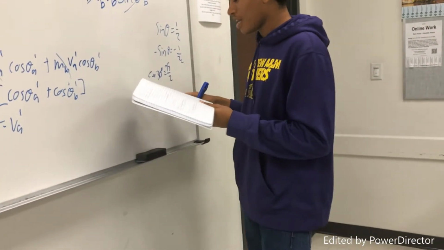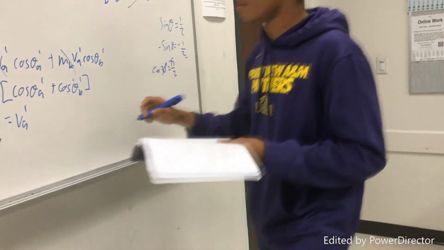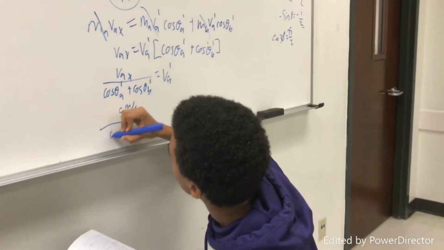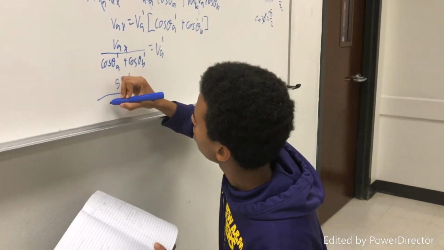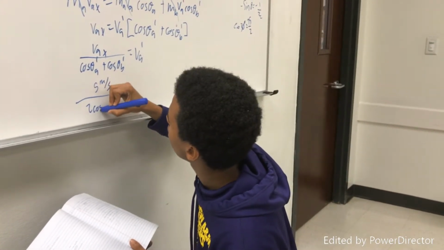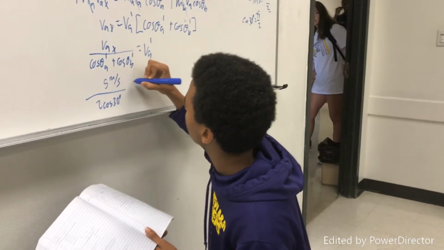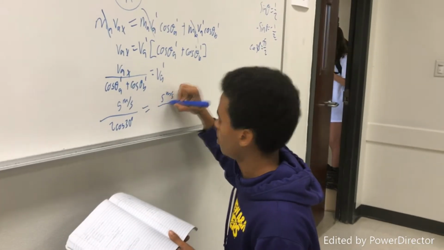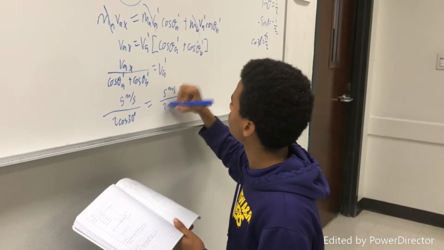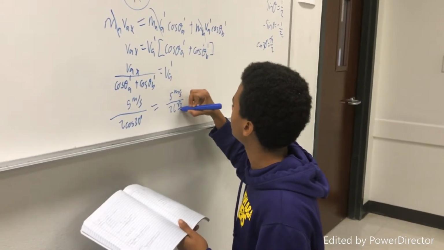Because the cosine thetas are the same, we have 2 cosine 30 degrees, which equals 5 meters per second over 2 times square root of 3 over 2.